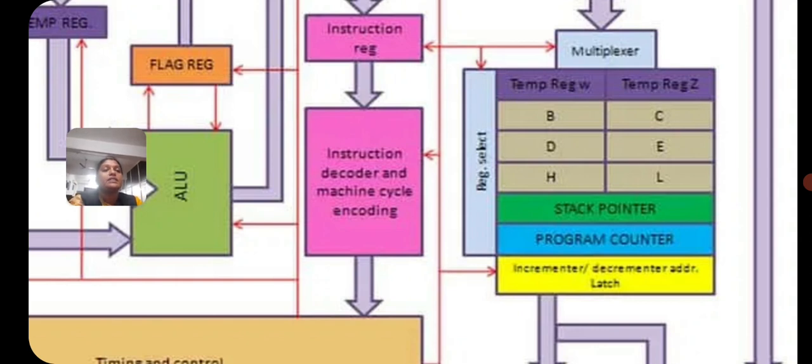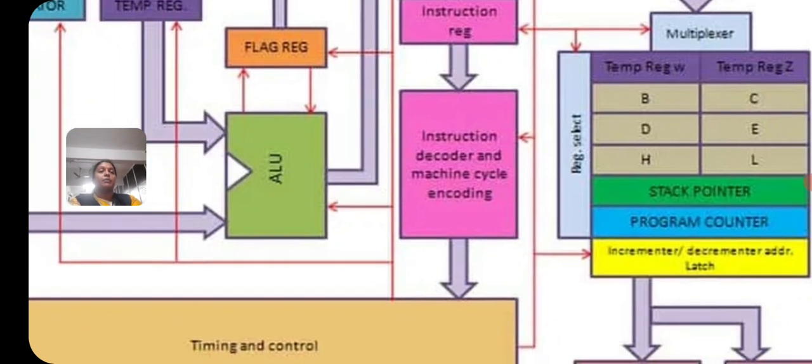So B register is an 8-bit register. We can use B, C, D, E, H, L separately to store 8 bits of data, but we can also combine two registers. Only BC can be combined, DE can be combined, and HL can be combined.